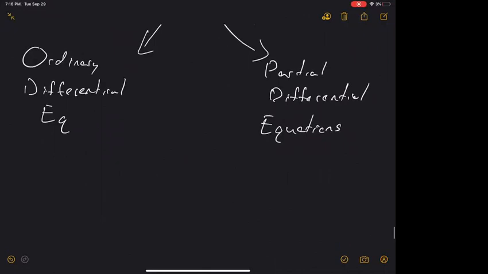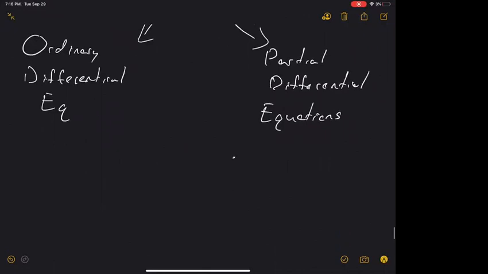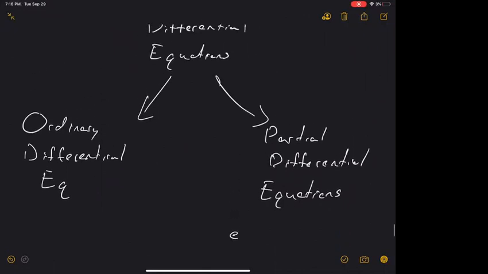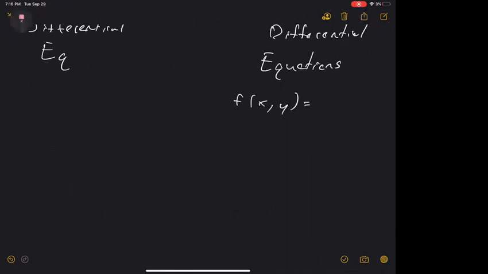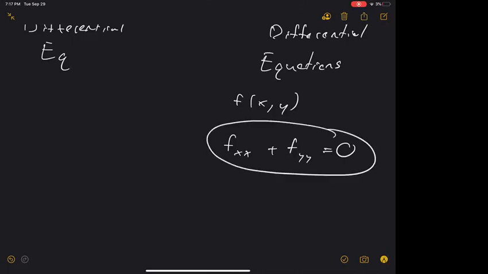I'm given some equation that involves derivatives of a function, but now my function could be a multivariable function, and my equation could involve partial derivatives. So maybe I'm told f sub xx plus f sub yy equals 0, and I'd solve this equation for f.